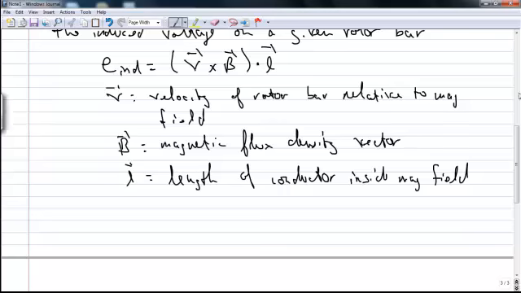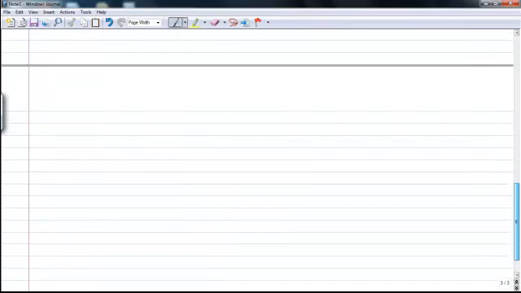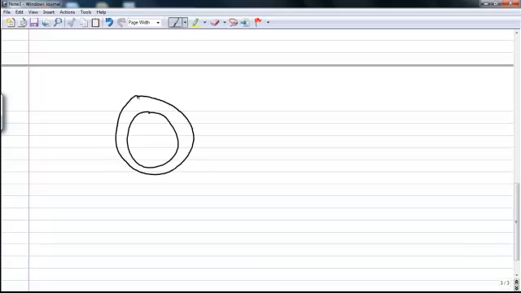So let's make a quick drawing here. We've got a rotor inside a stator, and the rotor is rotating at omega m, and we've got these rotor bars. The velocity of the upper bars relative to the magnetic field is to the right.